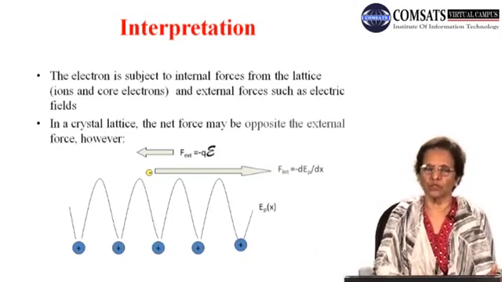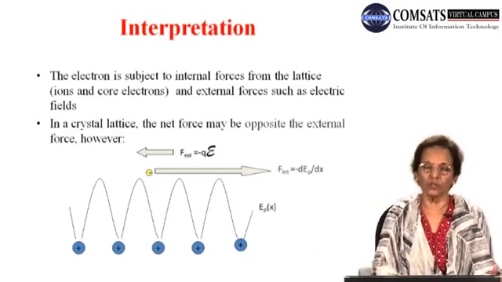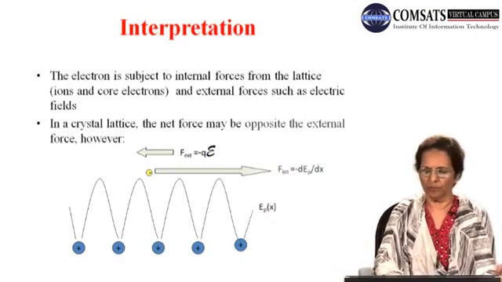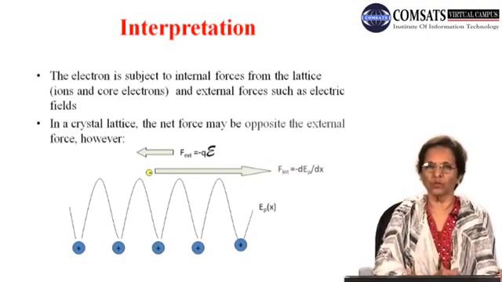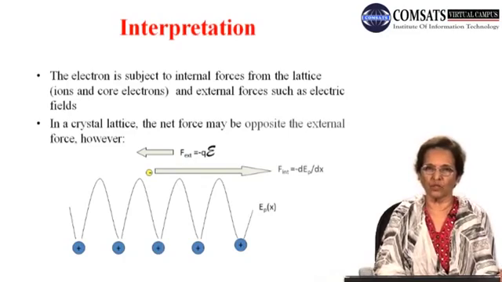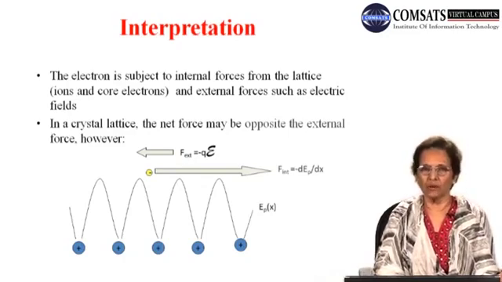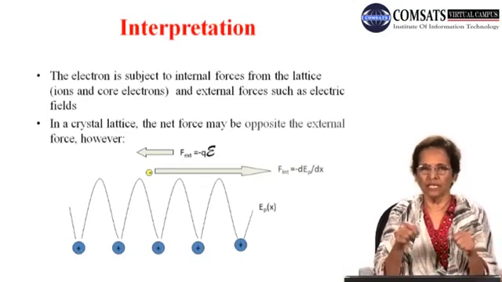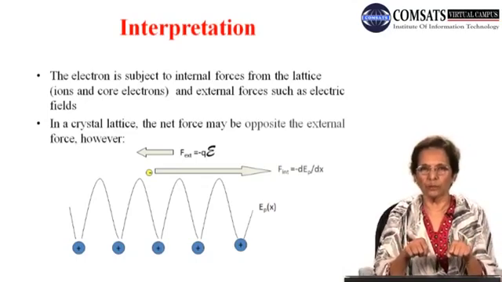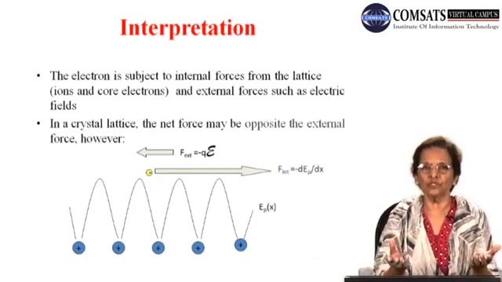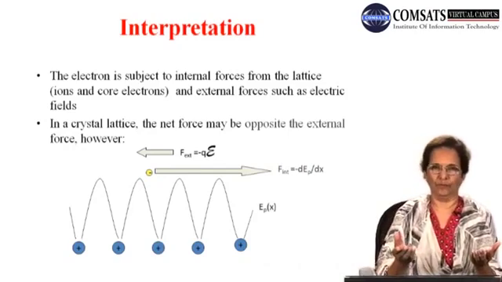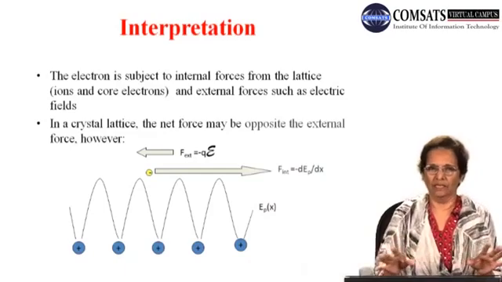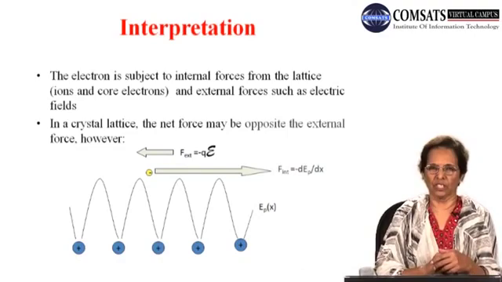At the bottom you see the positive donor, the ionized donor impurity. So the electron, while moving in an electric field subject to Newtonian mechanics, F is equal to m into A, encounters collision with the ionized dopant impurity present in the crystal. You have yourself doped the material, you have yourself added donor ions into the semiconductor crystal. They stand ionized now because the crystal is at room temperature.